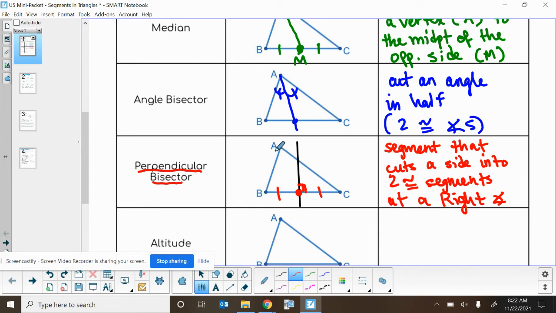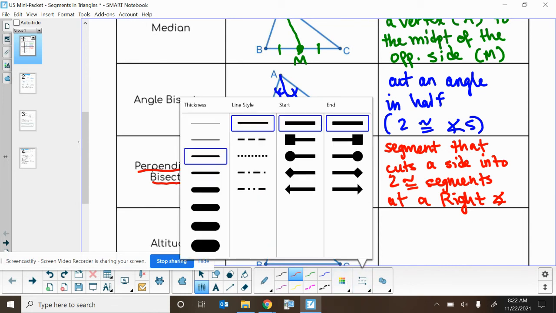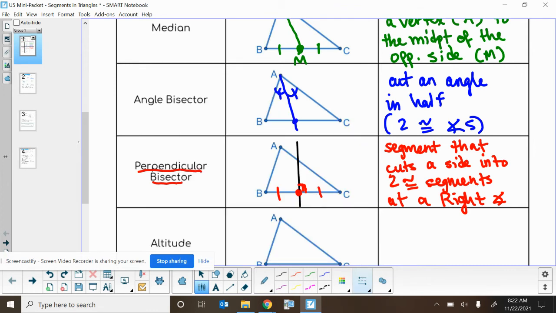So it goes right through the midpoint and it's at a right angle. Notice it does not go through point A. So I'm going to actually write that as a little note to myself. Does not need to go through point A or through the other vertex.